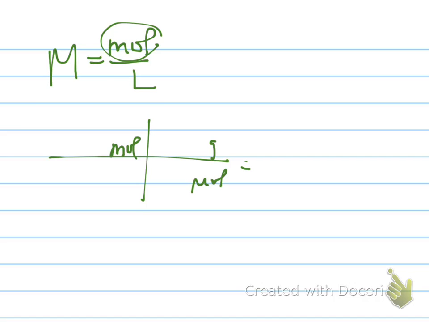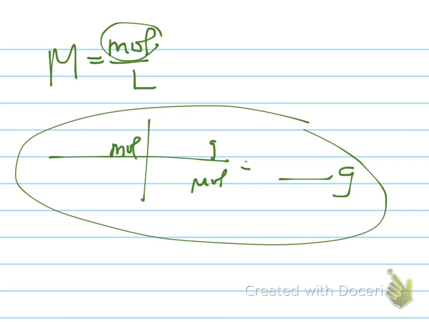Do we have everything we need to start a factor label here to get to our answer in grams? Yes? No? We have everything that we need to start a factor label? No. What do we need? We need the moles. So here we're going to have to start with this. We have 2 of the 3 things we need, so we can solve for moles and then take that answer in moles and put it down into our factor label.